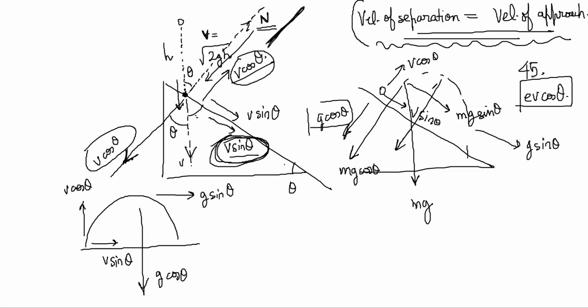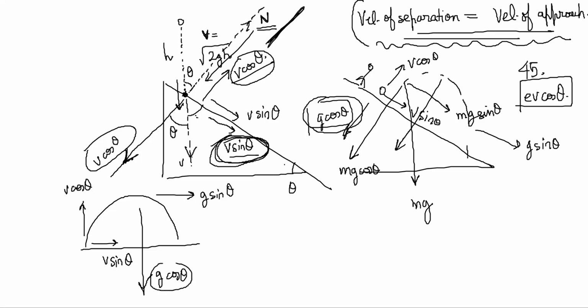You can just twist yourself and look from here. This is the same projectile motion graph that I have drawn. You can stand here on the incline and see, instead of g you have g cos theta, and there is a forward g sin theta which was not there in normal projectile motion. So that is the only difference.